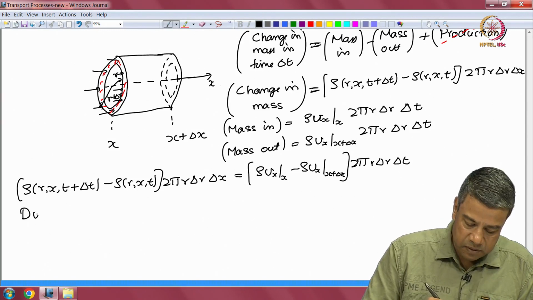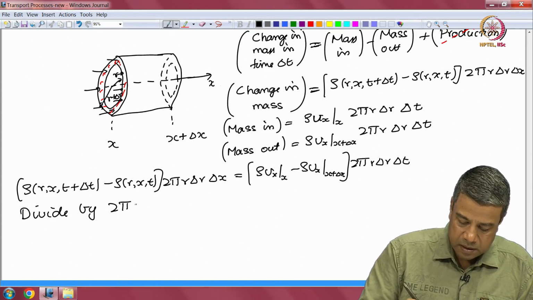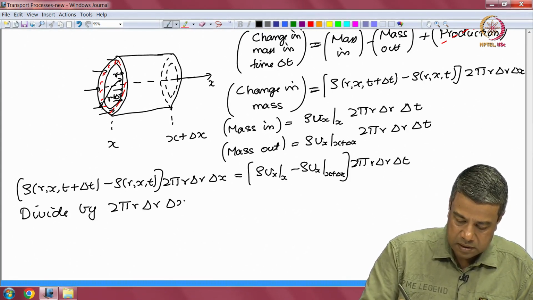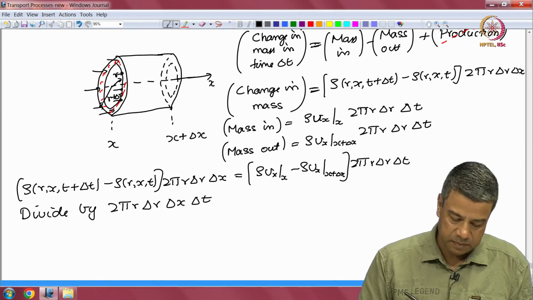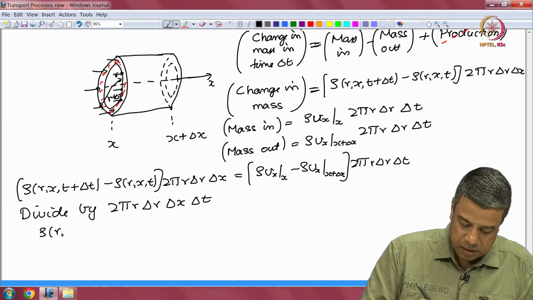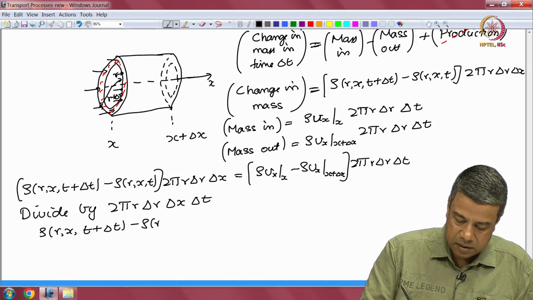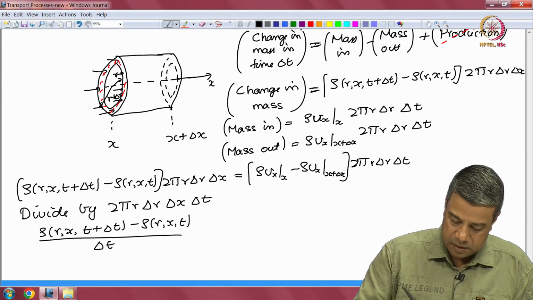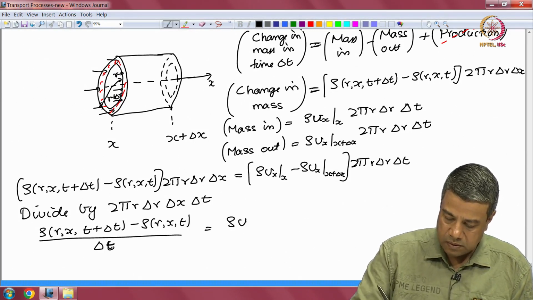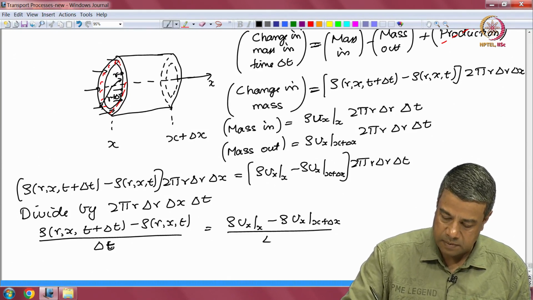Divide by volume and divide by time, 2 pi r delta x delta t. Divide by volume, divide by time, and you will get rho at r, x, t plus delta t minus rho at r, x, t, by delta t, is equal to rho V x at x minus rho V x at x plus delta x, divided by delta x.